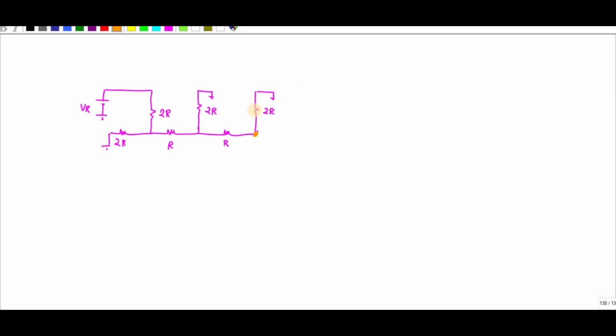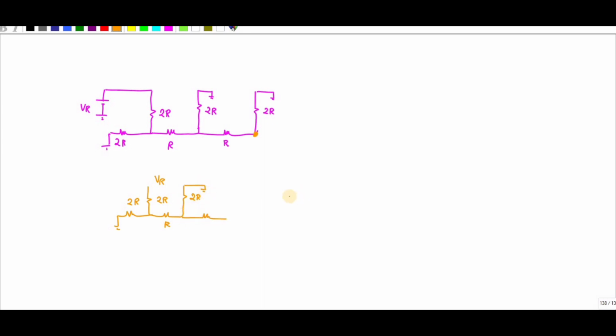Here you can see this 2R and R are in series, so I can redraw it like this: 2R, 2R, R, 2R.